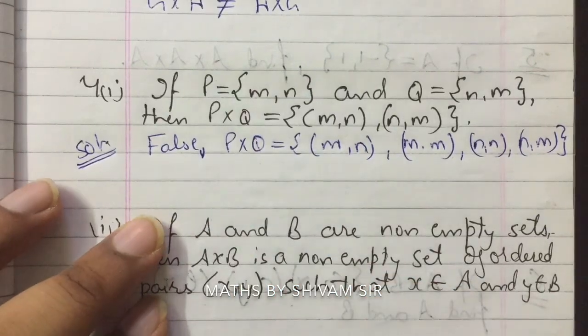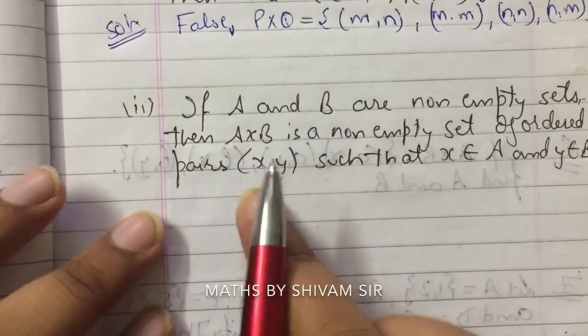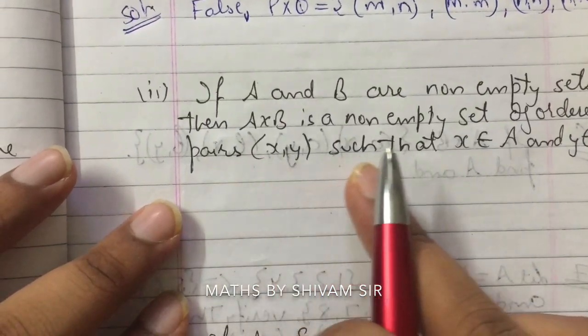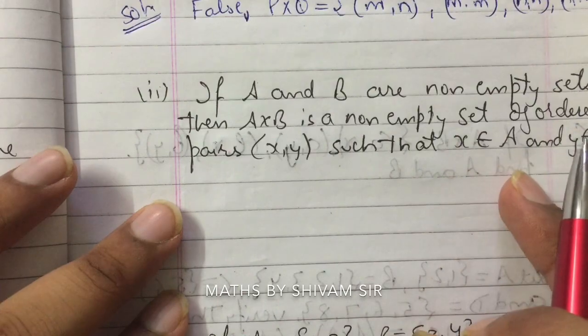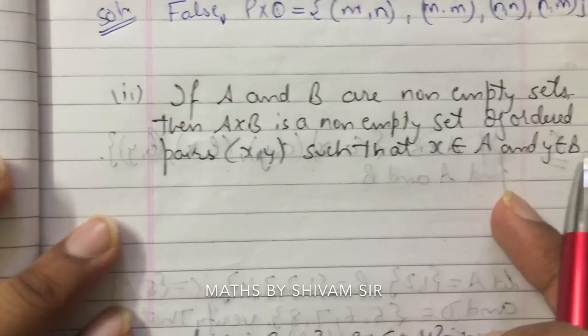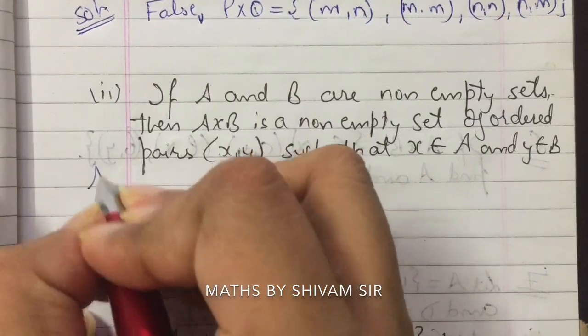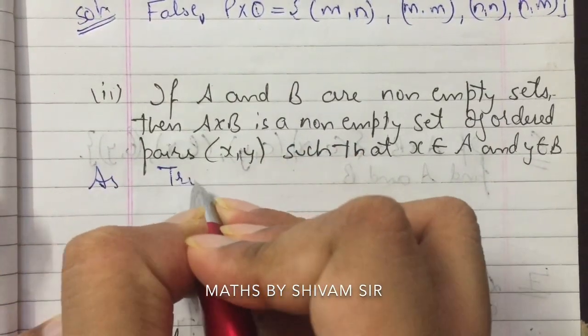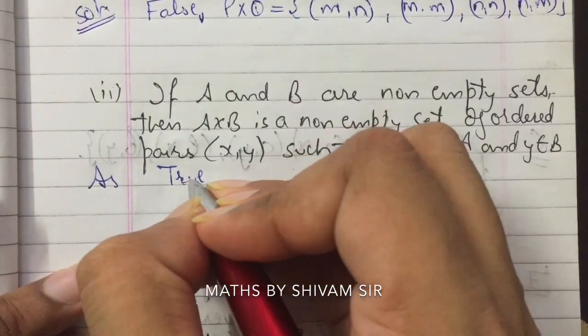Which is false, right? Next: if A and B are non-empty sets, then A cross B is a non-empty set of ordered pairs (x, y) such that x belongs to A and y belongs to B. Yes, it is true. Answer true. Why is it true? I'll show.